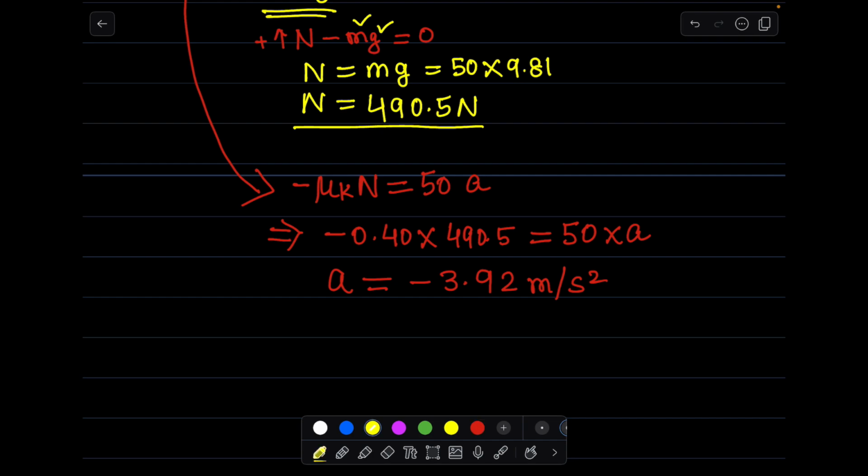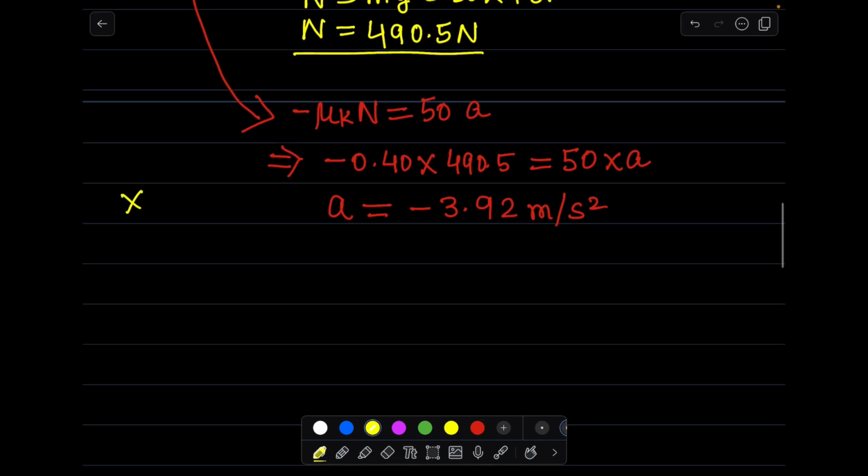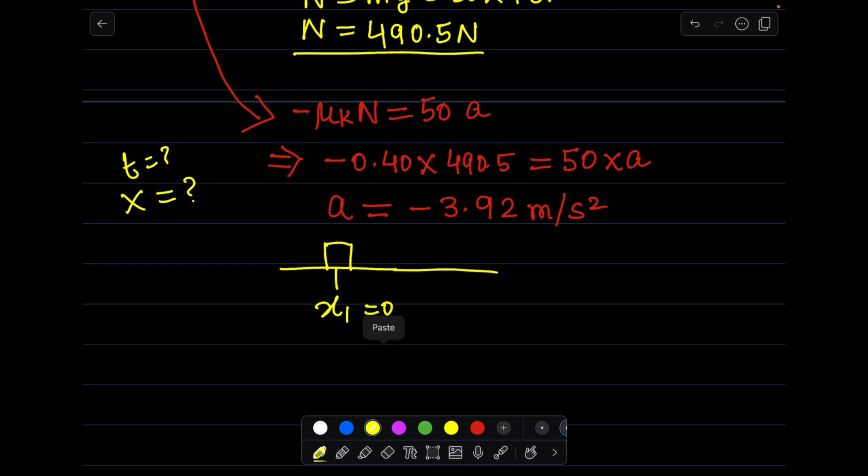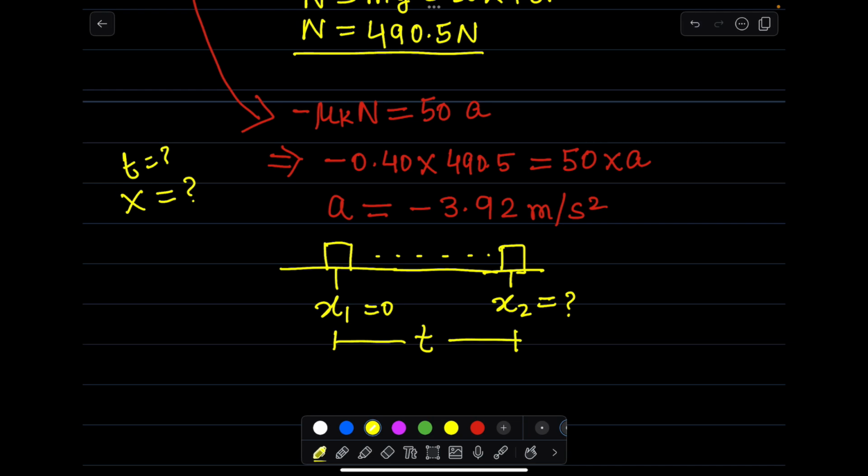Now, as you know that we have to calculate how far it goes and what will be the time. So let me explain you again here. This is a block and it starts from the position x1, which is 0, and it will move to the position x2, okay, there will be some values, and it will take time t to reach here.